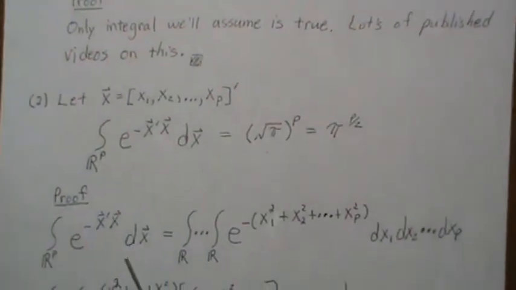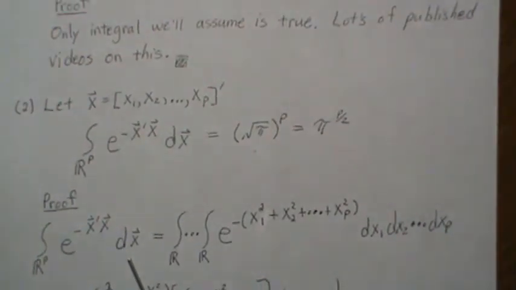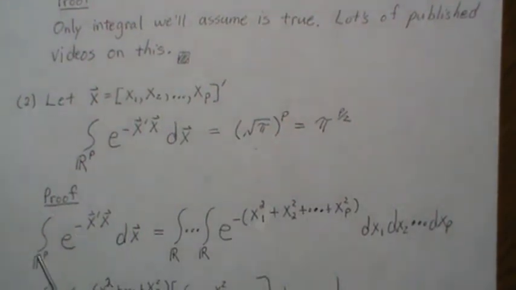So this is the integral we want to show, and this right here is the sum of the squares, and over this p dimensional region we can iterate it, and that's due to Fubini's theorem. And so there are p integrals here because it's x1 through xp.